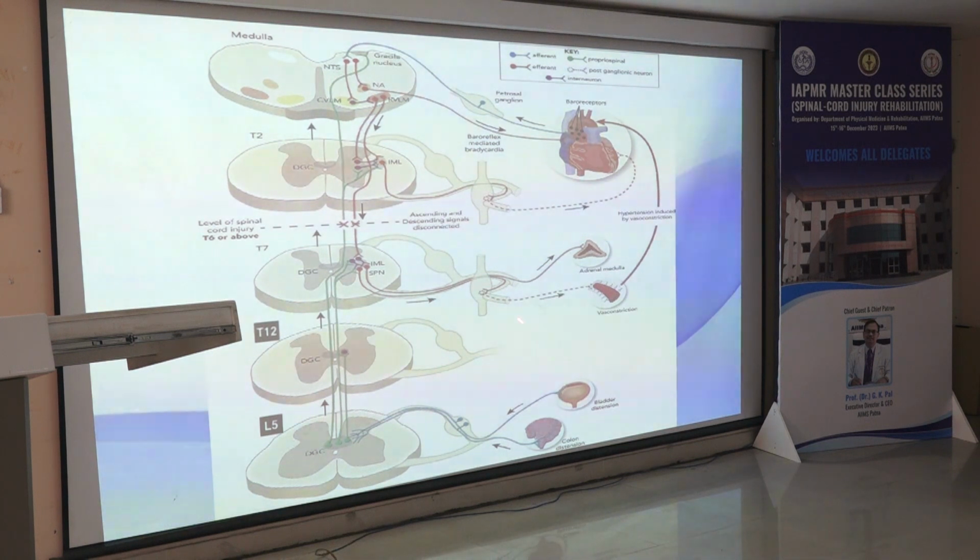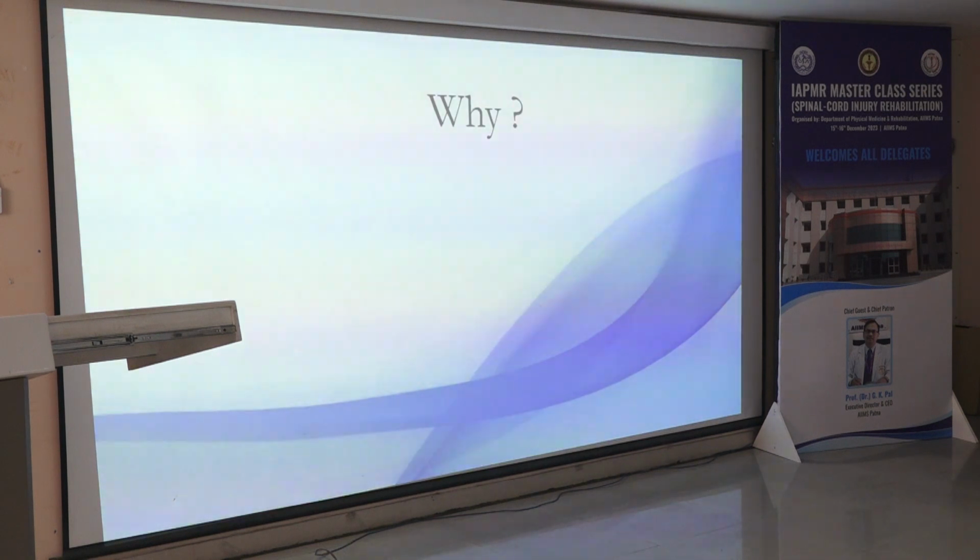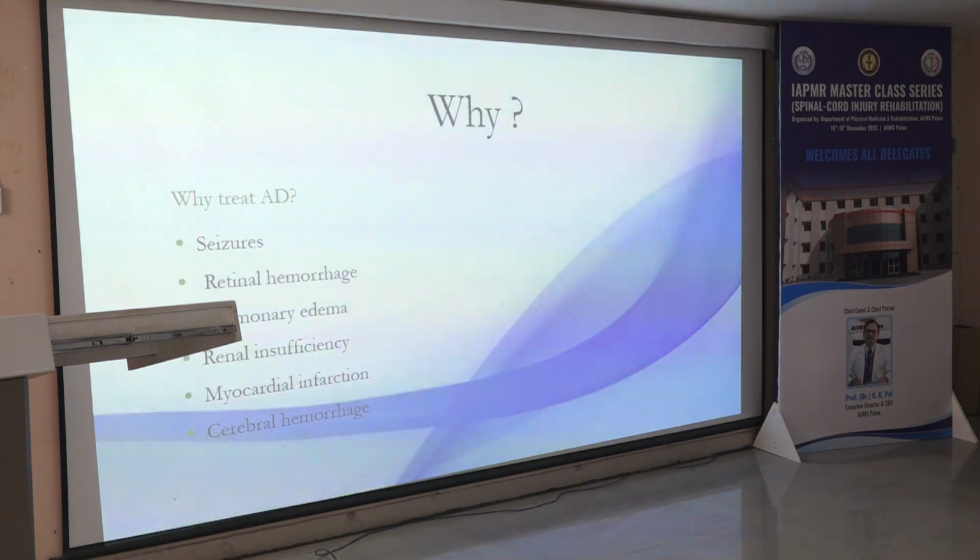Once the trigger is eliminated, the hypertension and everything will calm down immediately. But if you give an antihypertensive or other medication with a longer duration of action, the patient may become hypotensive after the trigger is eliminated. We need to treat AD to prevent complications such as seizure, retinal hemorrhage, renal insufficiency and other organ damage.